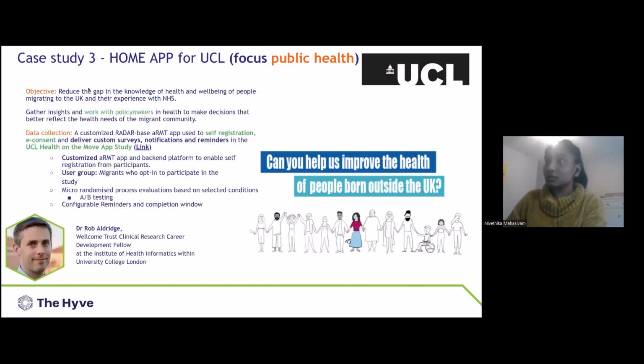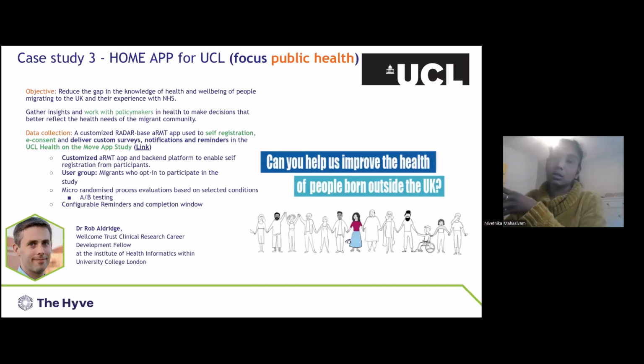This is another use case, which is slightly different from the other use case. So in this study, the objective was to reduce the gap in the knowledge of the health and well-being of the people who migrate to UK. So, this particular subset of the population, how good they are doing, how easy it has been for them to integrate into the country, get used to the national healthcare system.